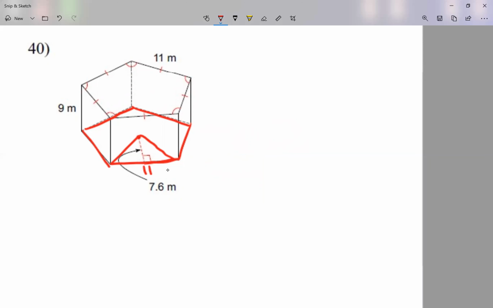So for that triangle, if I was looking for that triangle, I will go 11 times 7.6 divided by 2. That is that one triangle, 11 times 7.6 divided by 2. Now for the whole pentagon, because it has 5 sides, let me multiply this triangle times 5.